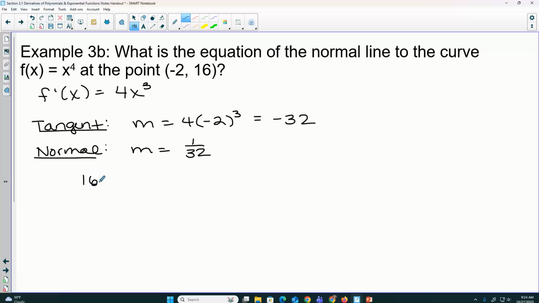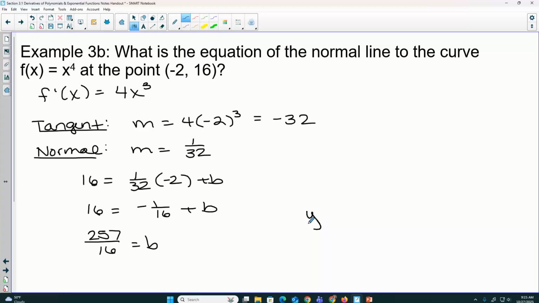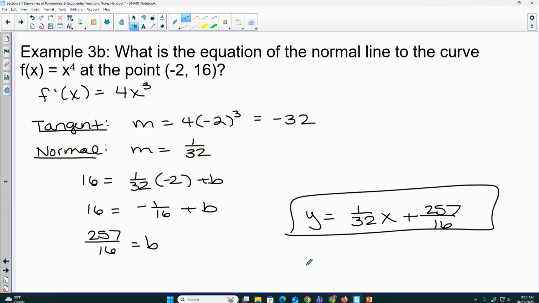So then plug into y equals mx plus b. So 16 is like 256/16 plus 1, so 257/16. So we get y equals 1/32 x plus 257/16 for the normal line.